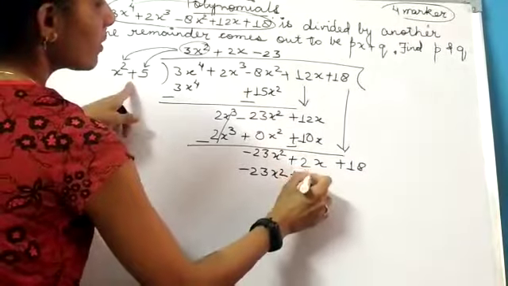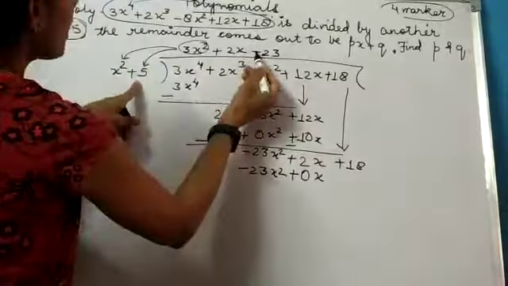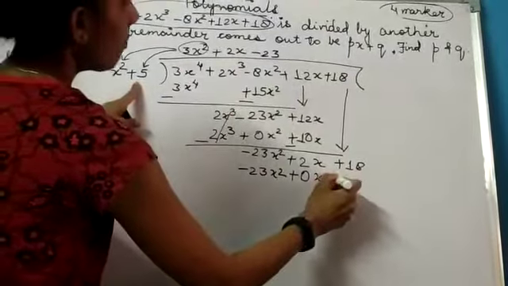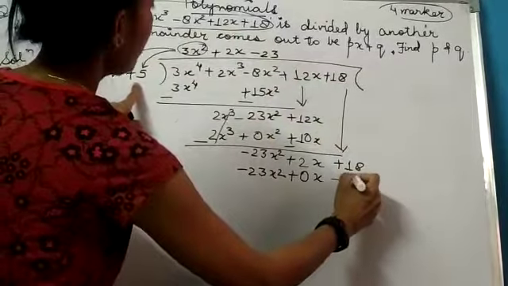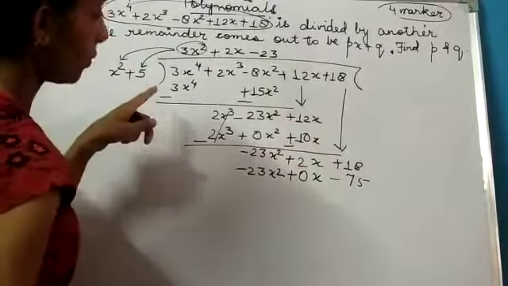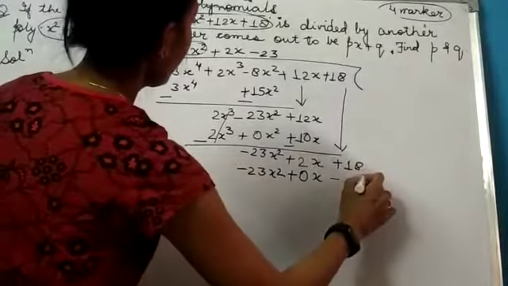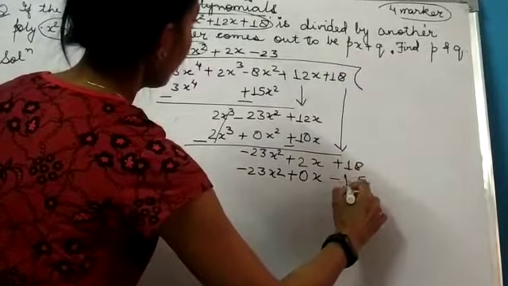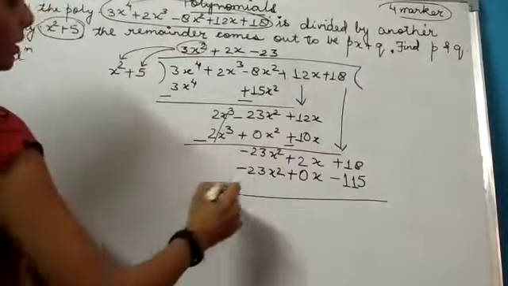So let it be as 0x. Now minus 23, minus plus is minus, and 23 5s is 115. Now again subtract it.